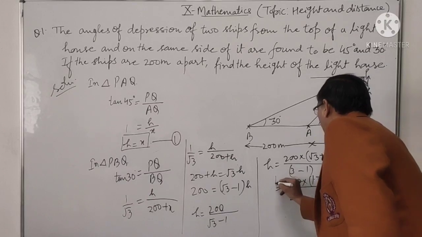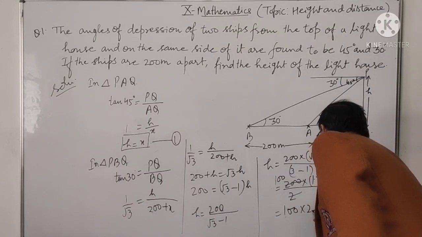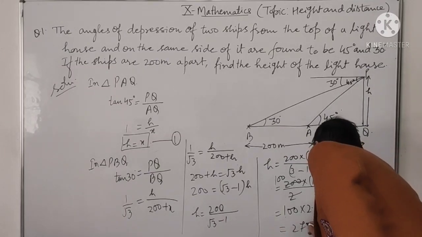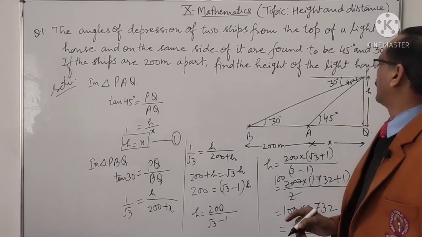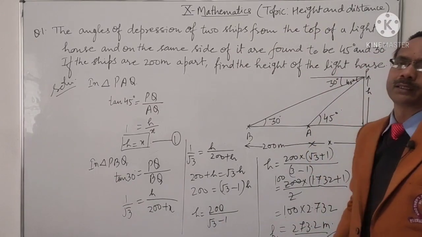It is 100 into 2.732, so it is 273.2 meters. It is the height of the lighthouse.